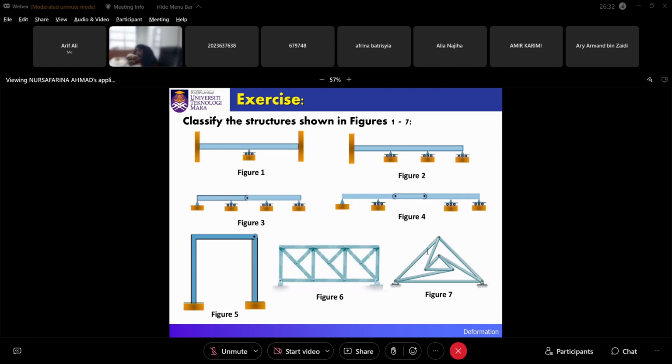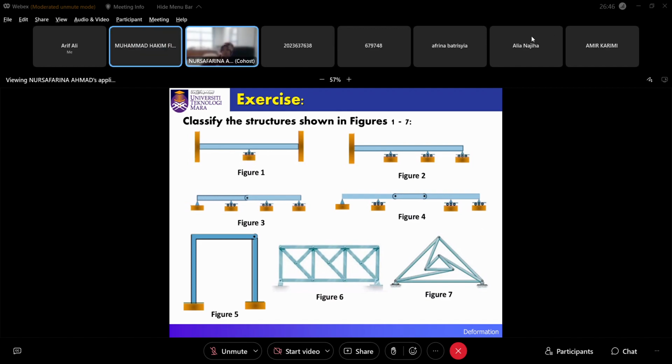Muhammad Hakim, Figure 1. What is the classification? It is statically indeterminate. How many reactions do you have? There are 7 reactions.